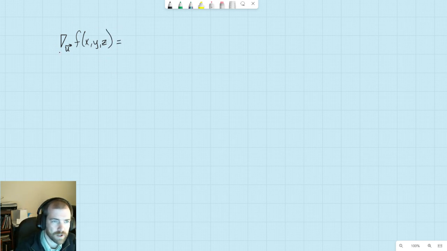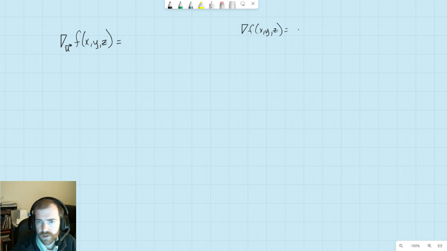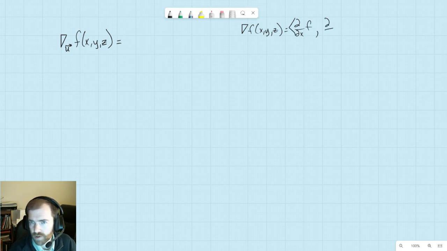So in this particular case, we're talking about using the del operator, which again, del of f on xyz is just going to be equal to the partial derivative with respect to x of f, by, right, because this is going to be a vector, partial derivative with respect to y of f, comma, partial with respect to z of f.